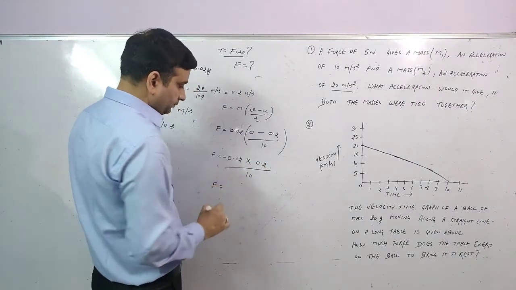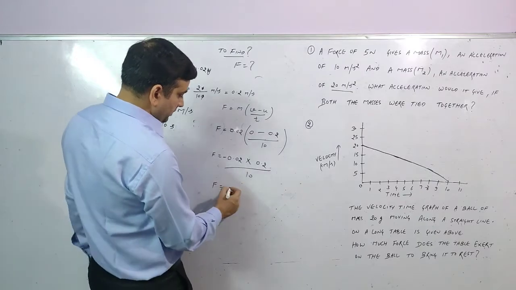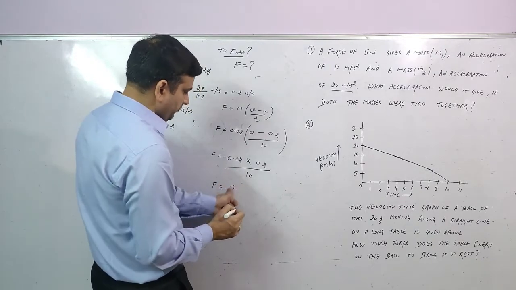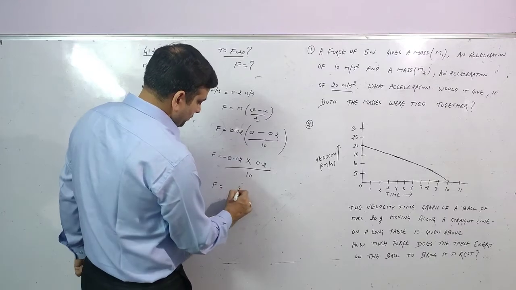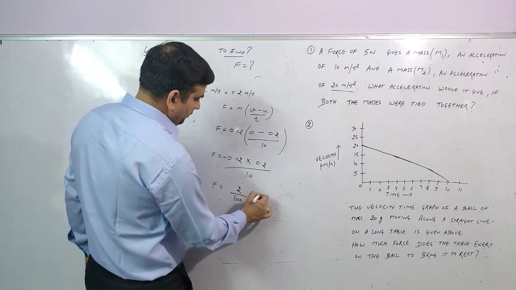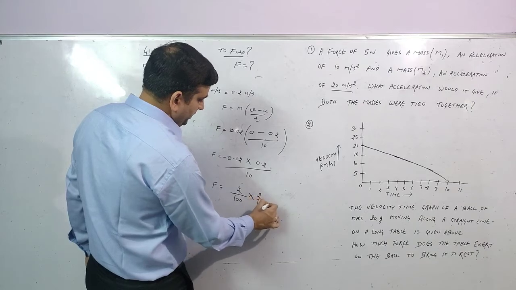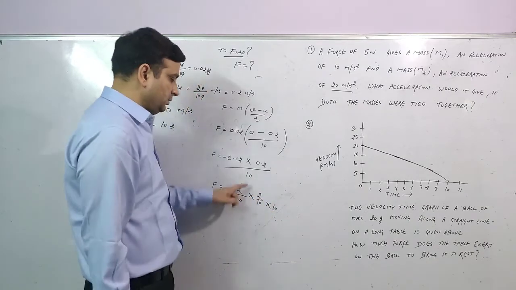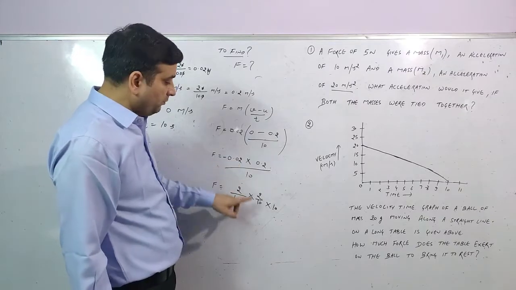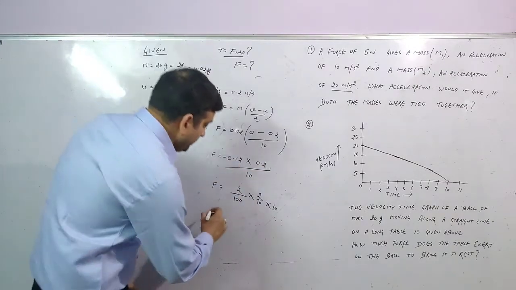When you solve this, we will remove the decimal point. 2 divided by 100 into 2 divided by 10 into 10. This 10 is for the second, this 100 is for the 2 decimal places, and this 10 is for 1 decimal place.